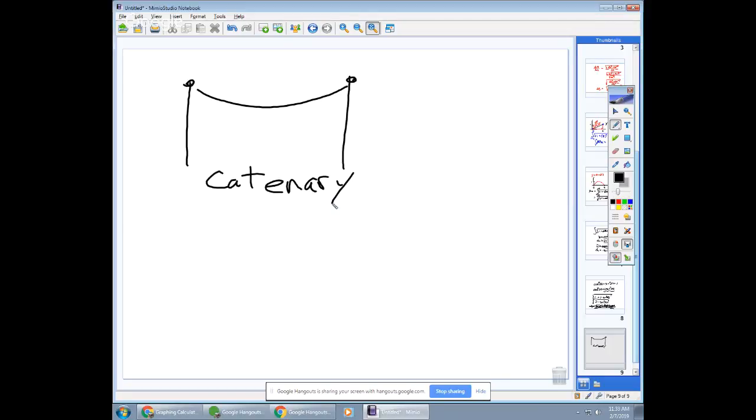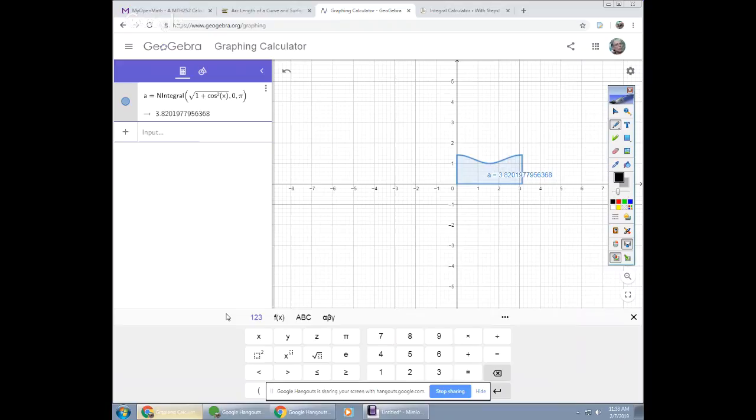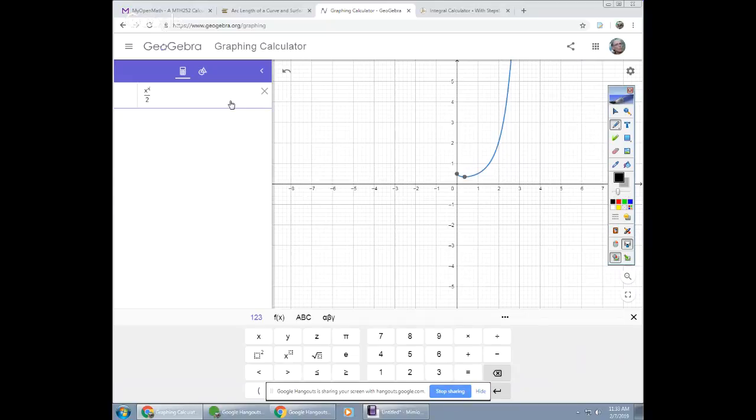And the graph of a catenary looks like this. And there it is.